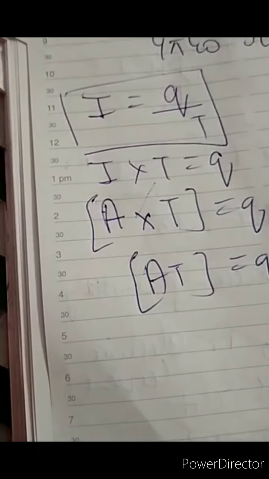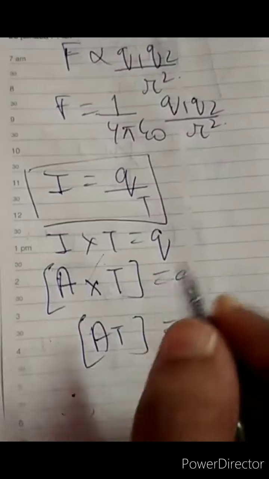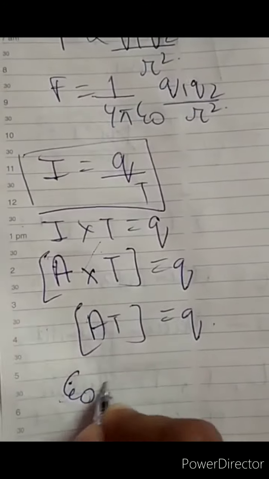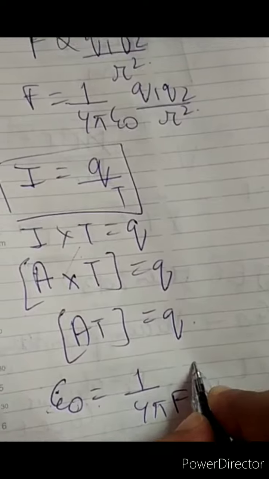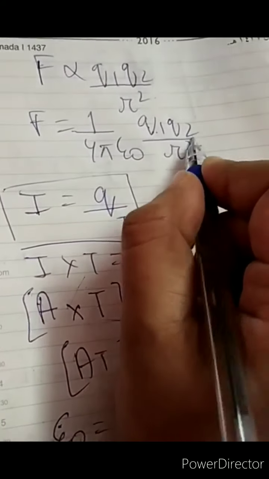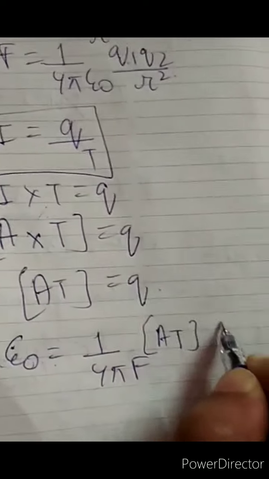Any problem? Okay, fine. Now you need to find the value of epsilon. Replace it by F here, epsilon goes there, charge into charge. Whether it is Q1 or Q2, the dimensional formula is AT for both.